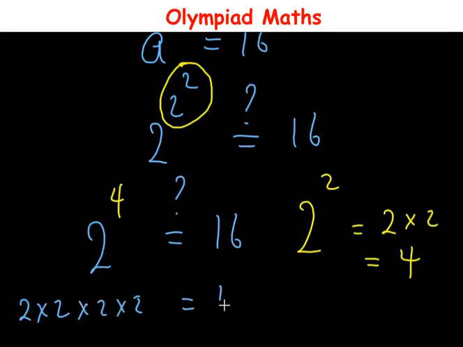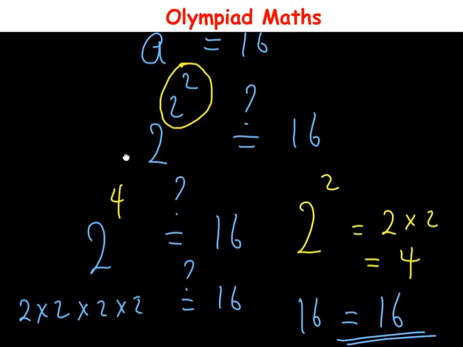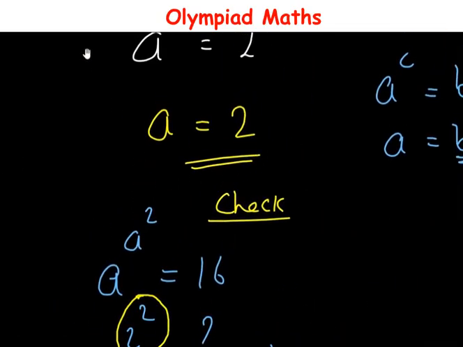Okay, with this equals 16, question mark. 2 times 2 is 4, times 2 is 8, times 2 is 16, and this is equal to 16. So since they are equal to each other, this means that the value of a that we got as 2 is actually the correct solution for the given question.